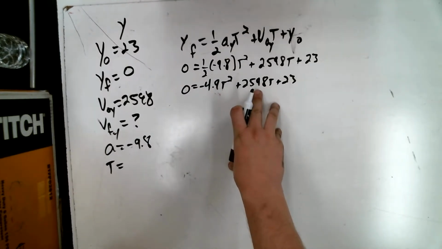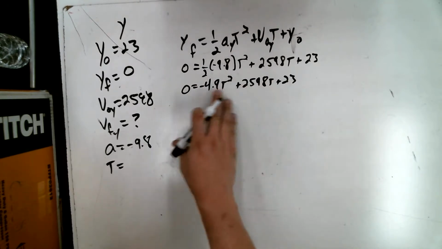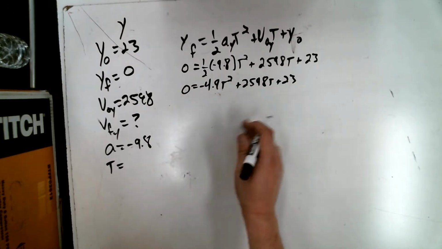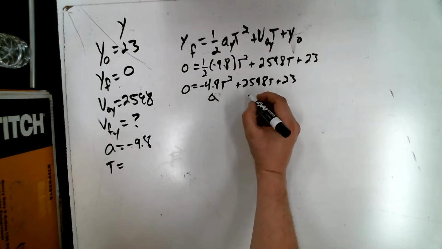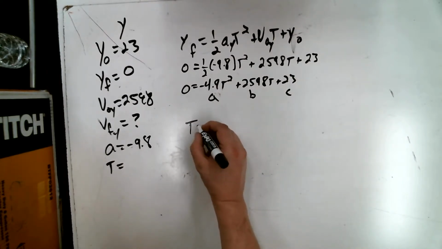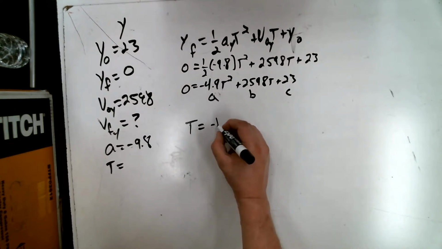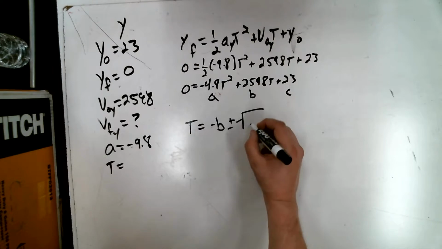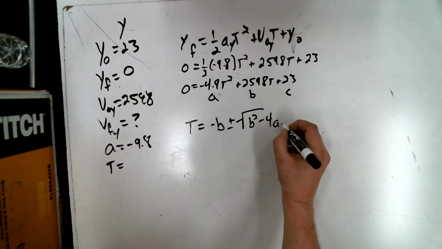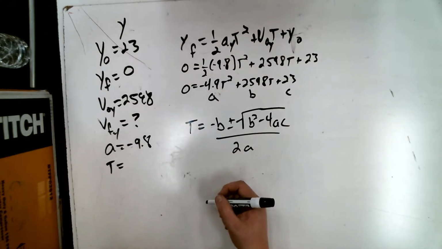I can't solve this for t very easily. This isn't a 0, so it's harder than the horizontal launch problem. I have no clever ways of coming around it, so I'm just going to use the quadratic formula. This is my a term, my b term, and my c term. So time, my x variable, is equal to negative b plus or minus the square root of b squared minus 4ac over 2a. And I'm going to chug them in here.